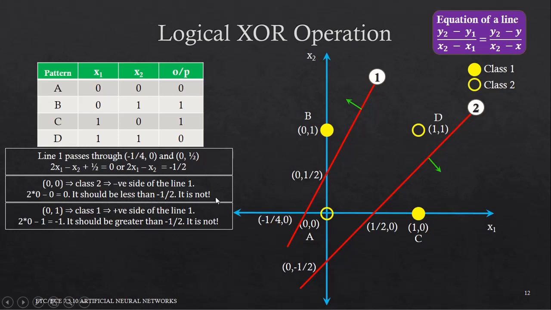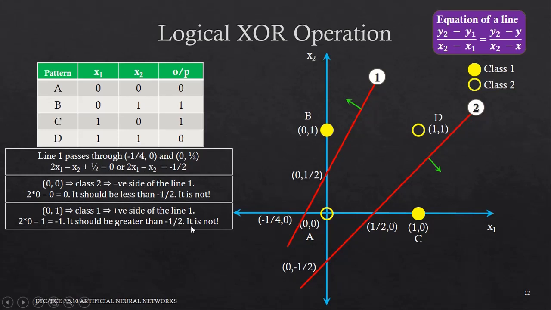Okay. We know that 0, 1 is a class 1 point. It must lie on the positive side of the line. It should give a positive response, response 1. 2 into 0 minus 1 is -1. It should be greater than -1/2.